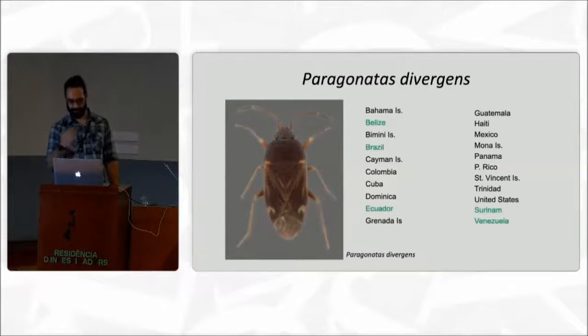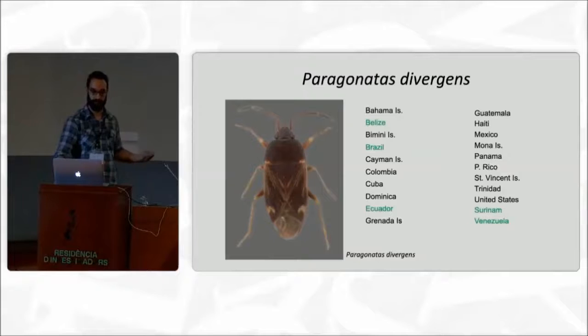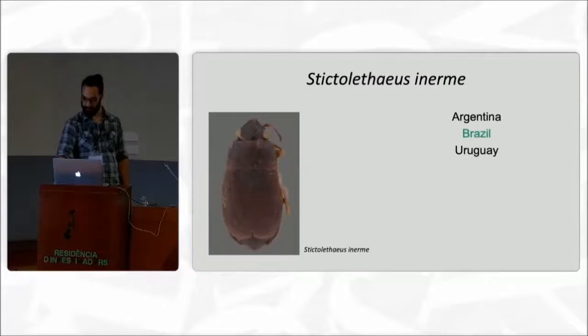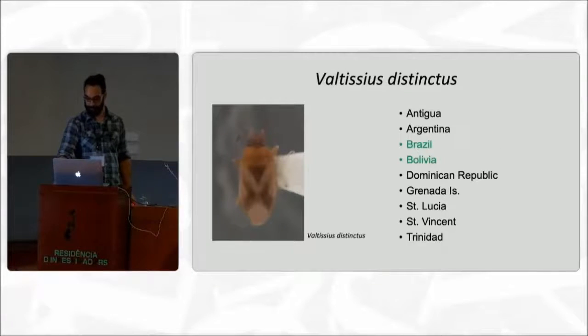Paragonatus divergens. Also Belize, Brazil. It's always where they collected the species. Another one, Brazil again, Brazil, Bolivia.